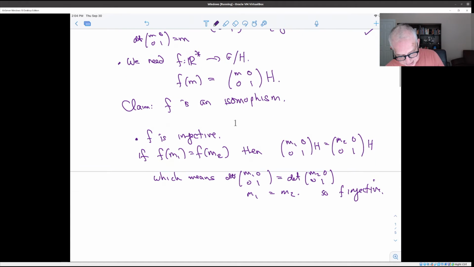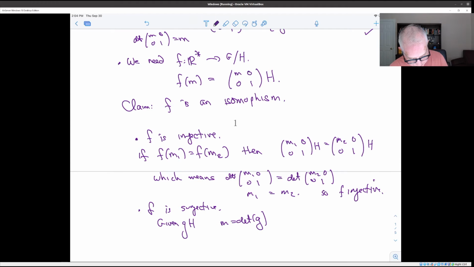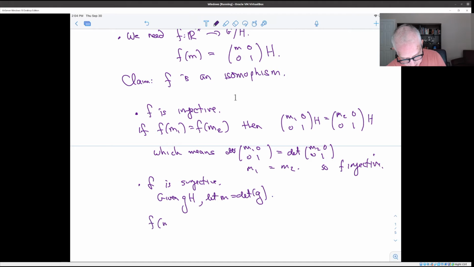Next, we need to know that it's surjective. And for that, we take any coset GH and we let m be the determinant of G. And then f of m is the coset m001h. And I claim that's equal to the coset GH.